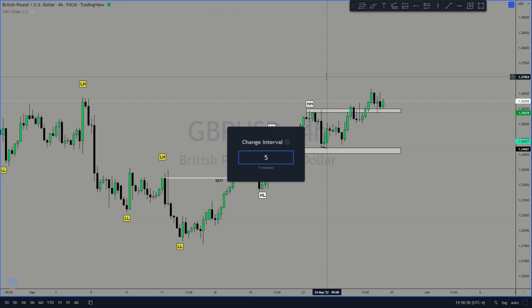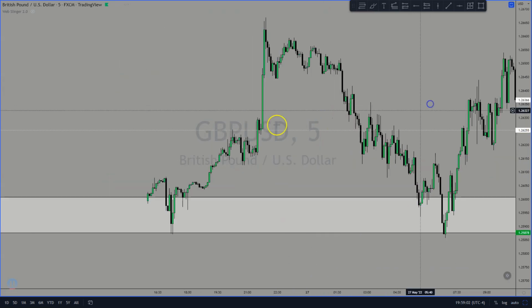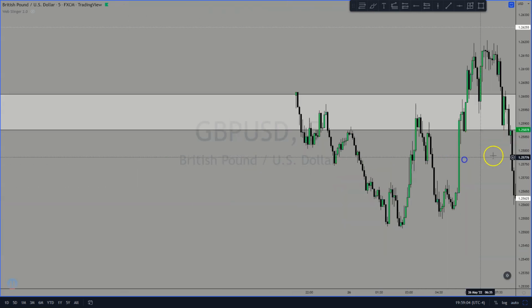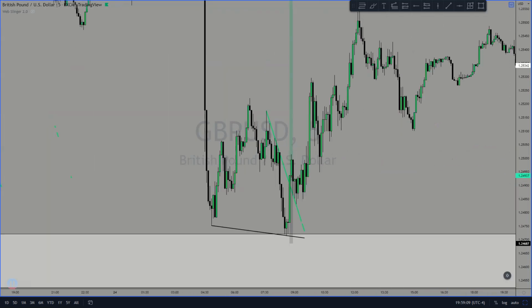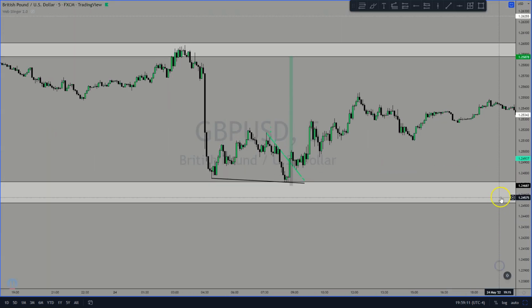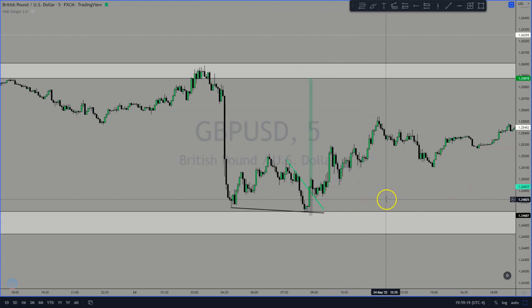So we're going to drop down now to the 5-minute time frame to get a better look in detail at the divergence event that occurred at that zone, allowing me to understand that this demand zone was, or at least with good probability, going to hold for this trade.